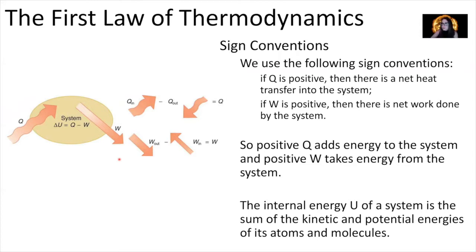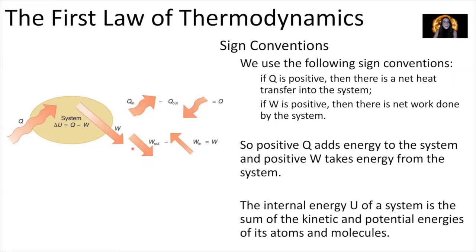But here, we're going to use the following sign conventions. Our value here for Q is positive if there is a net heat transfer into the system, so Q in is greater than Q out. Okay. W is positive if there is net work done by the system.